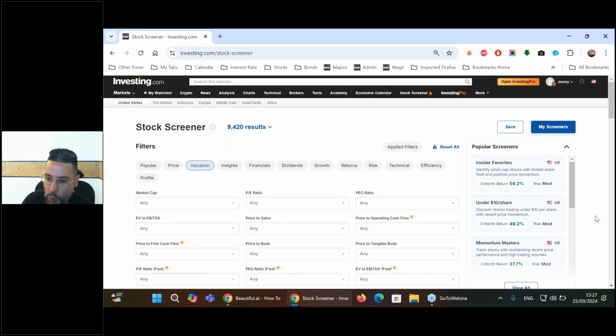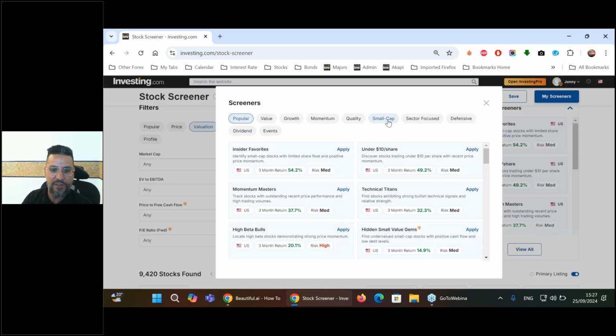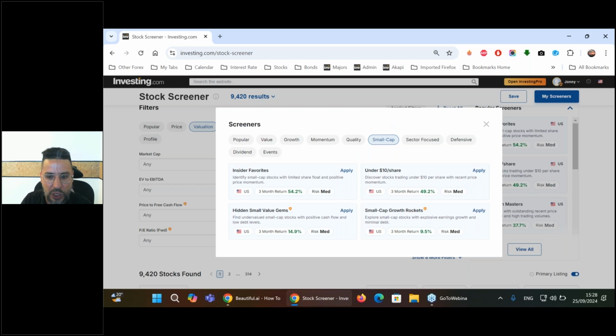From what we've seen throughout history, small cap stocks have been the companies which manage to outperform the most in the 12 months after the Federal Reserve makes its first rate cut. So I'm pulling up the preset screeners here, and I'm going over to the small cap screens.